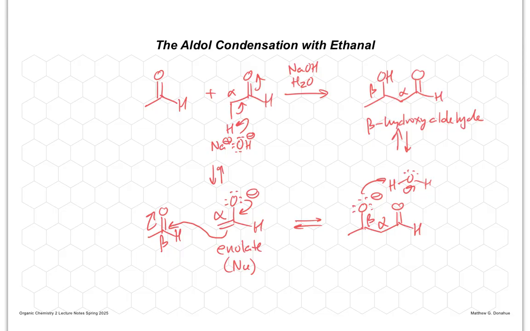Again, the key thing for this module is we're really focused on the alpha and beta carbons because that's the bond we're making. And then if we look at the beta carbon, we see it's oxidation state 1. So that is telling us it was made from the aldol reaction.